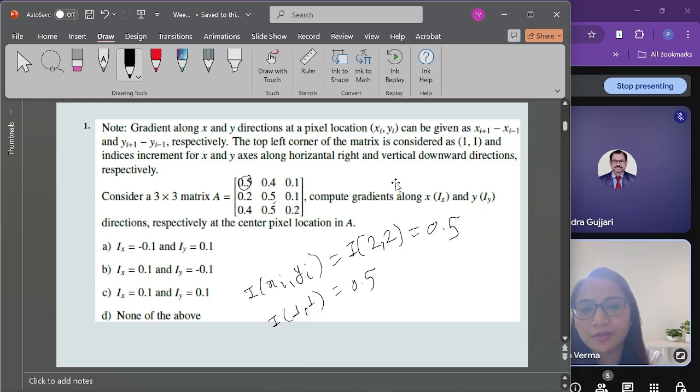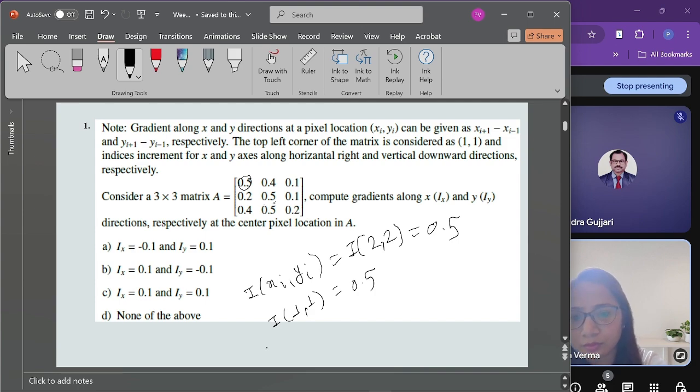Okay, so already we know that this is the center pixel, and this is the top left pixel. At this pixel location the center pixel is 0.5. We have to compute the gradient in both the x and y directions.